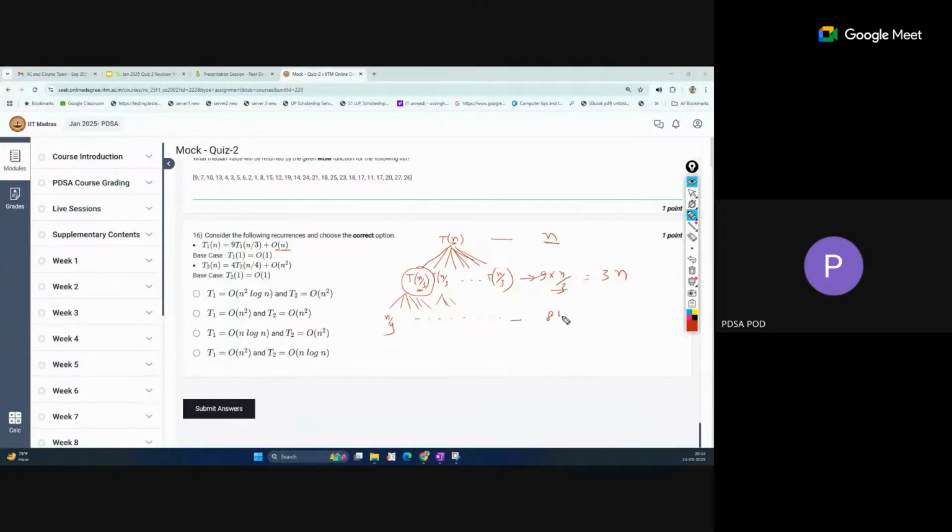So 81 into n by 9, and 9 into 9 is 81, so we can write this like 3 square n. In the same way this will increase like this. The first step was 3n, the second is 3 square n, and the next is 3 cube n. So now you can see these steps are increasing.